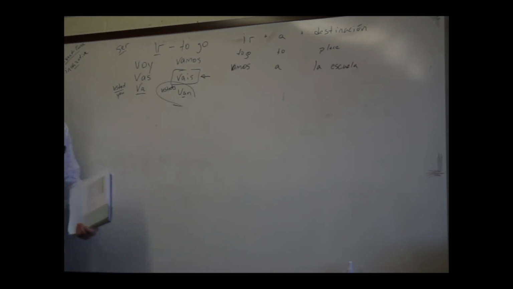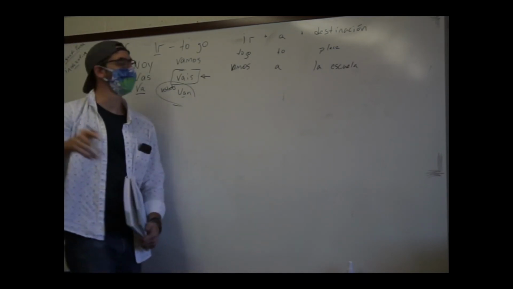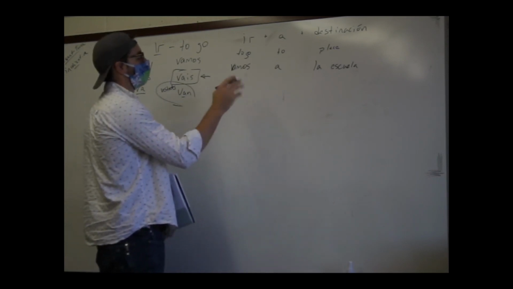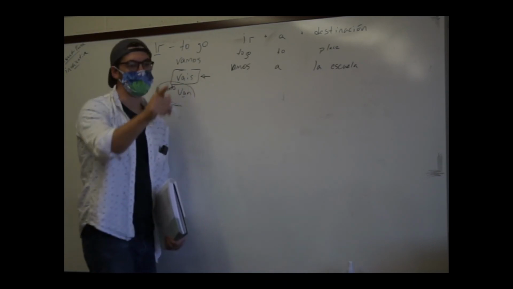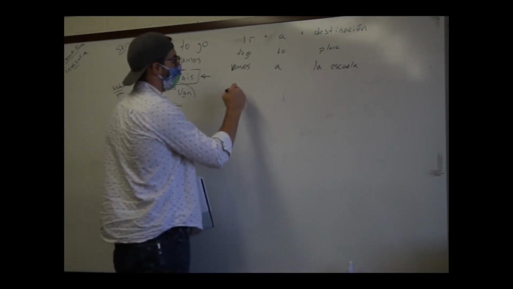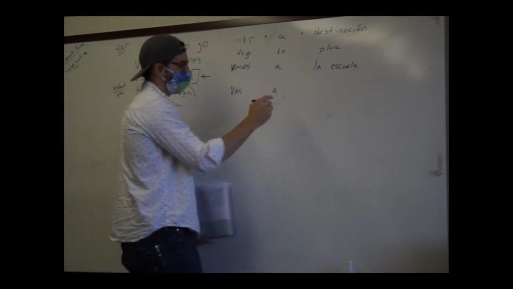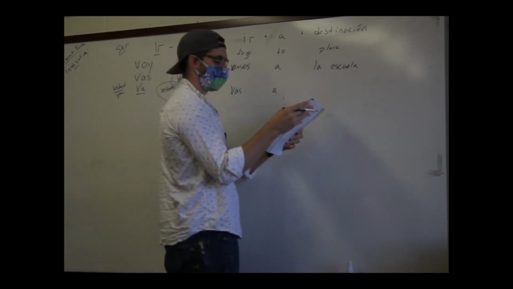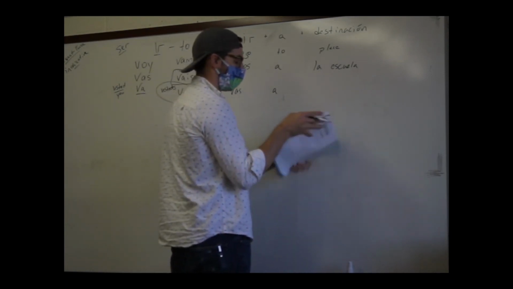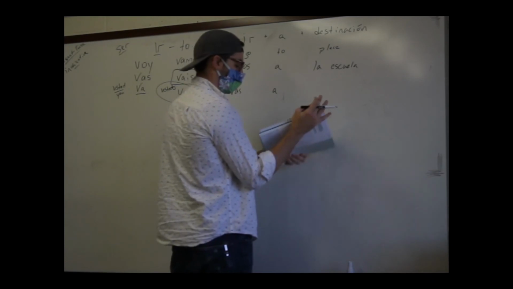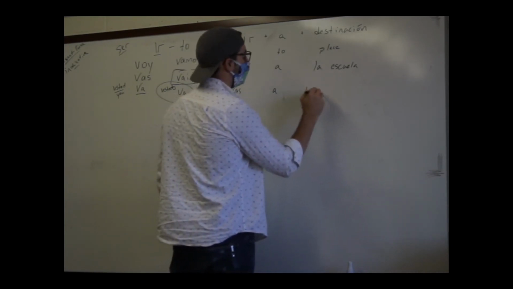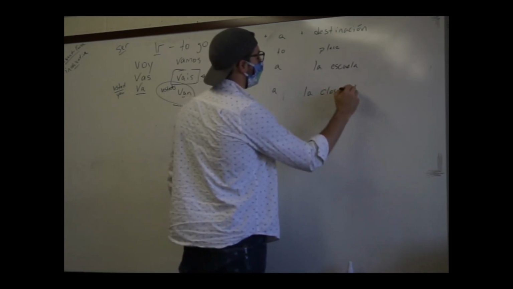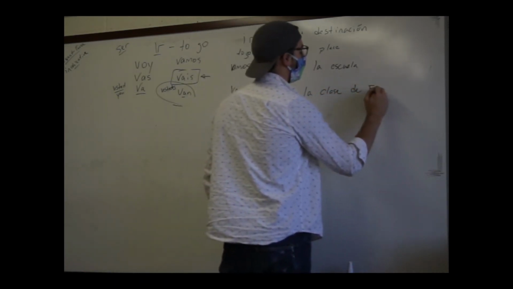If you want to say, where are you going? No, let's get to question words in a moment. If you want to say, you are going to Spanish class, vas a la clase de español.